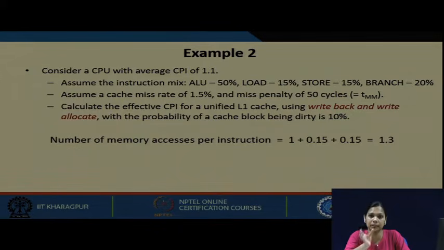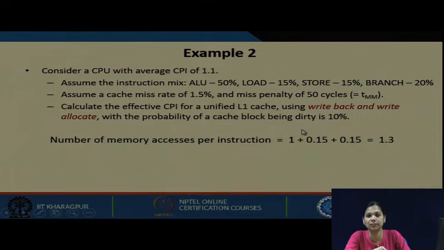That means we must have a space in our cache memory to write that particular thing. The probability of a cache block being dirty is 10%, so we assume that 10% of the time the cache block will be dirty.